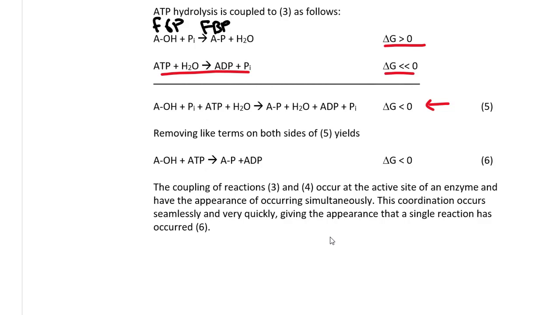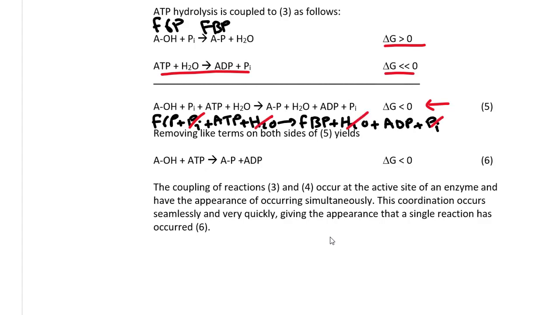So you can think that, okay, here I have fructose 6-phosphate plus inorganic phosphate plus ATP plus H2O going to fructose 1,6-bisphosphate plus H2O plus ADP plus Pi, and then I get rid of like terms on both sides. 2 Pis here, 2 H2Os here.